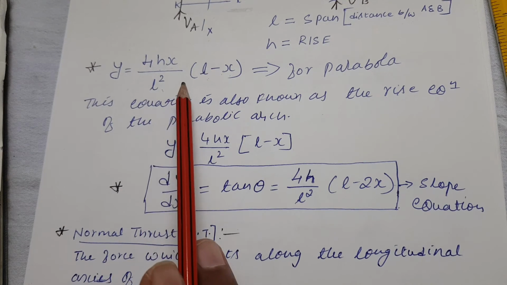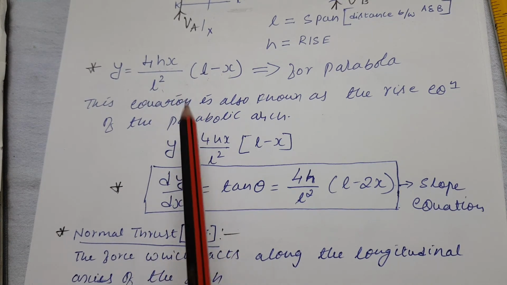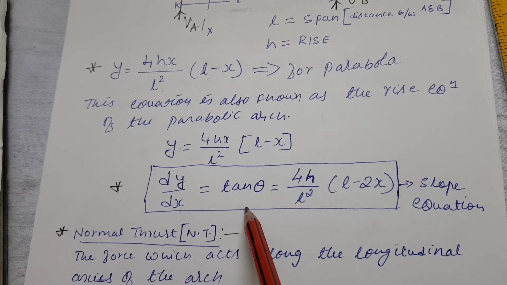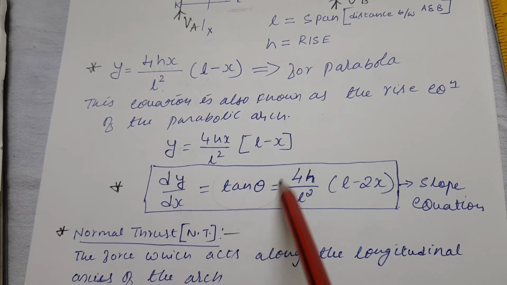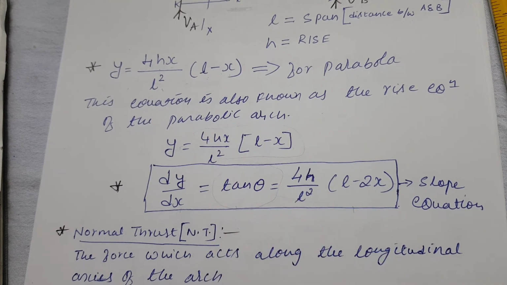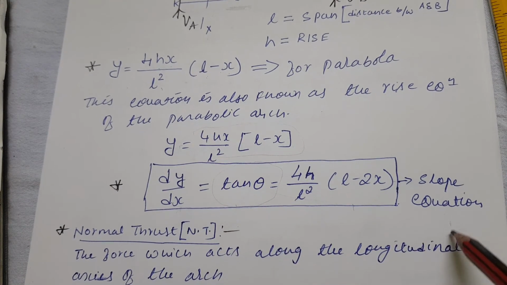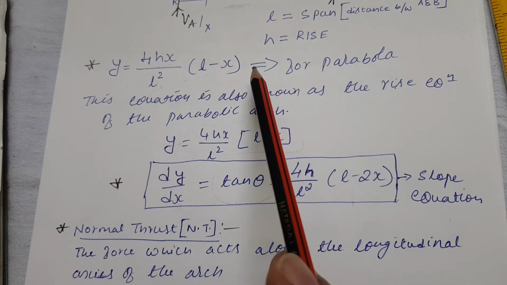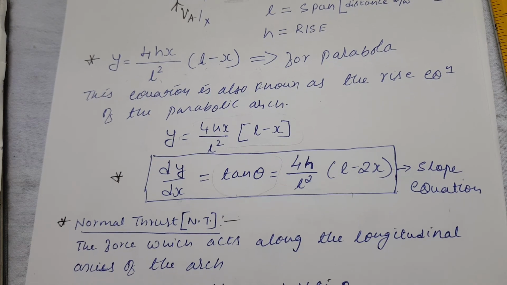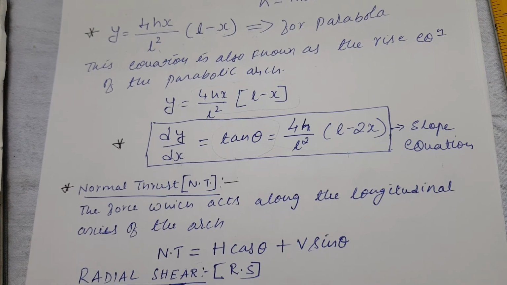We are considering this as the slope, tan theta, that will be equal to the derivative of that. That is called the slope equation, and the earlier one we call the rise equation for a parabolic arch.